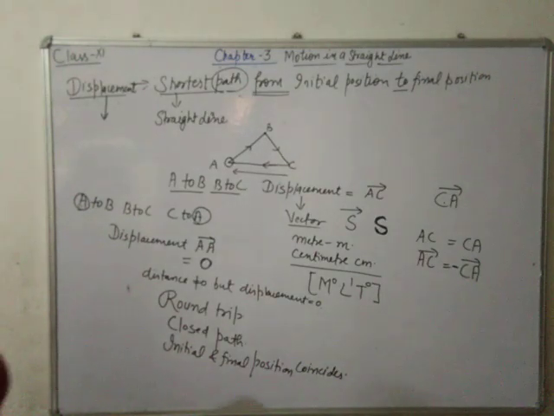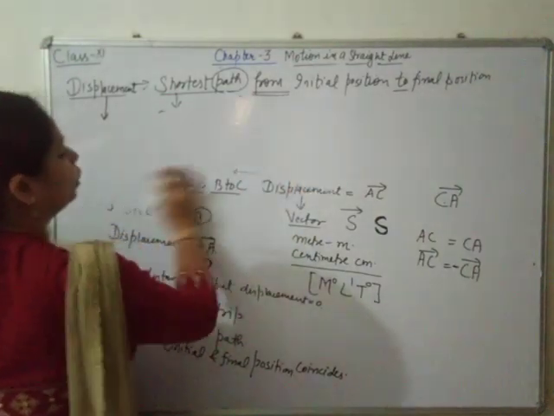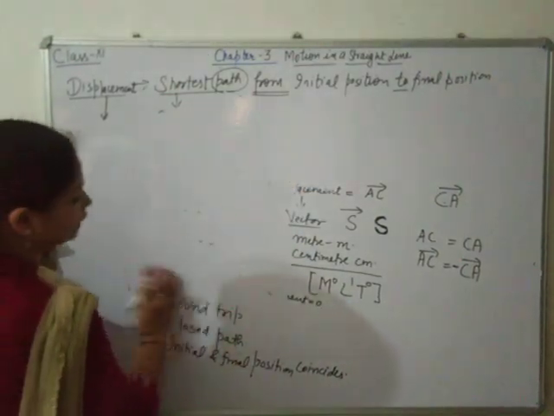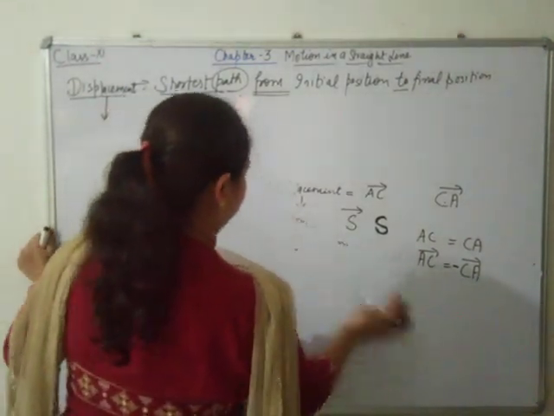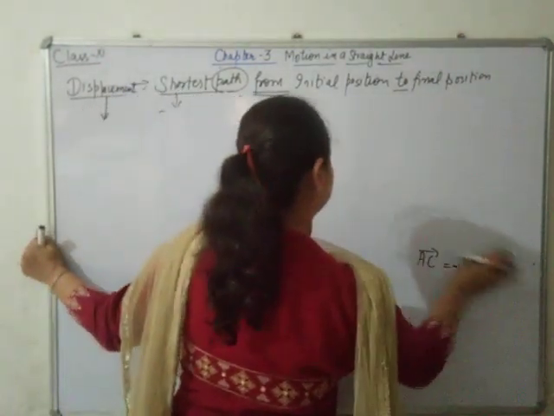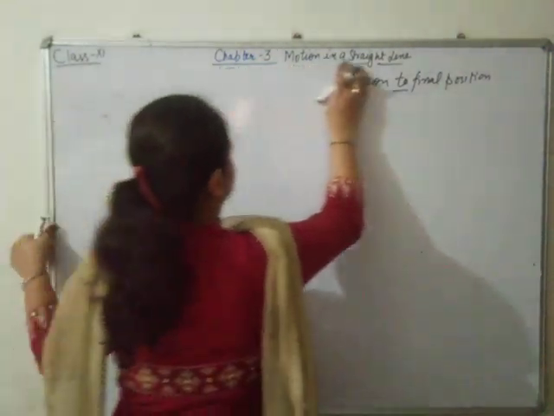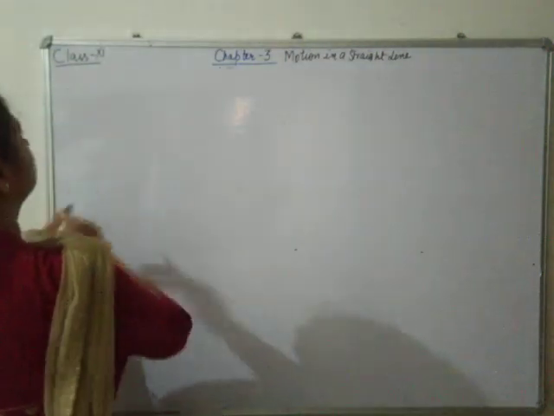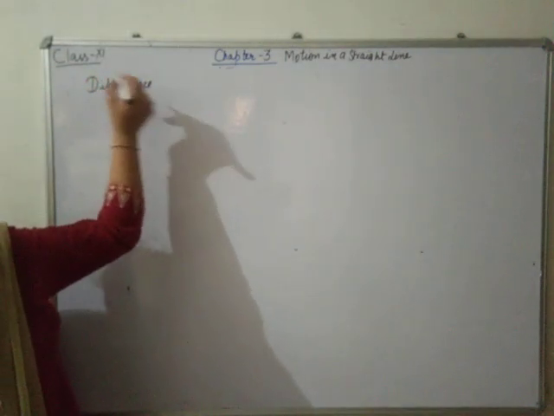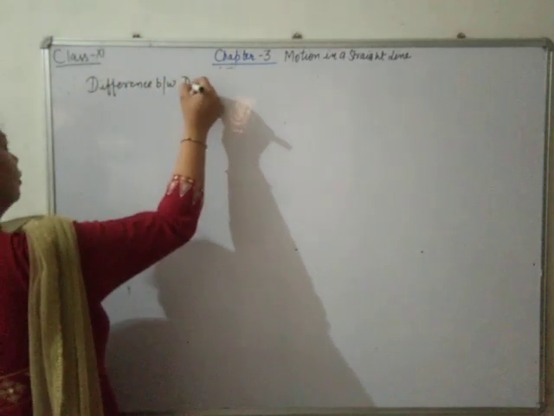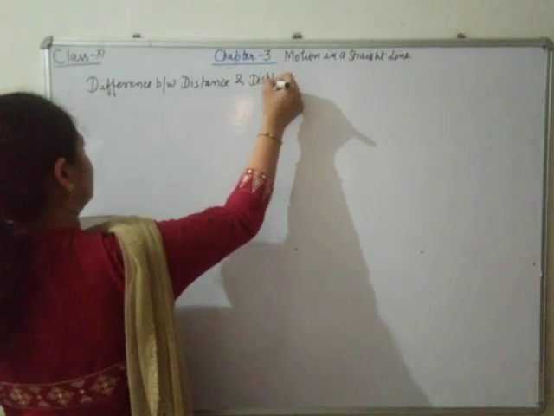Now, what are the differences between these two terms that appear similar to us? The major difference between distance and displacement.